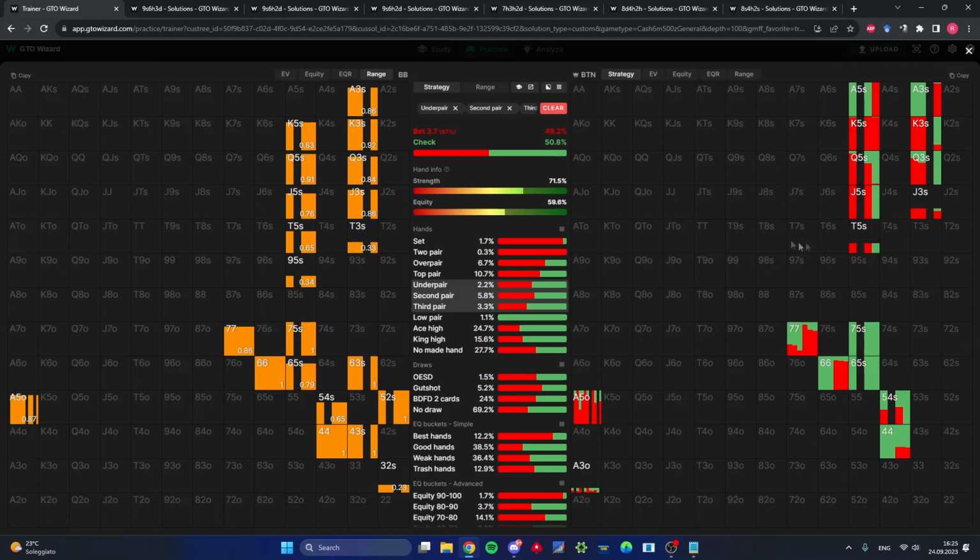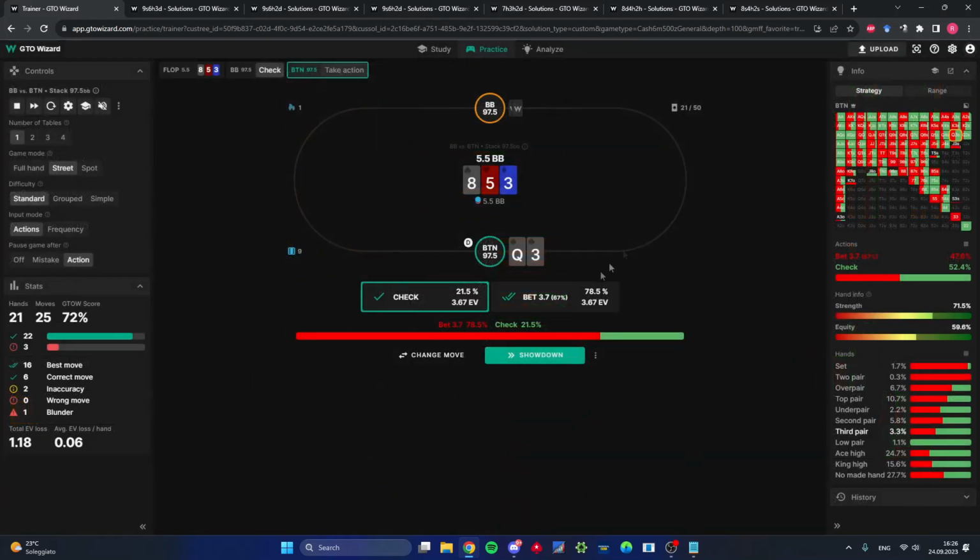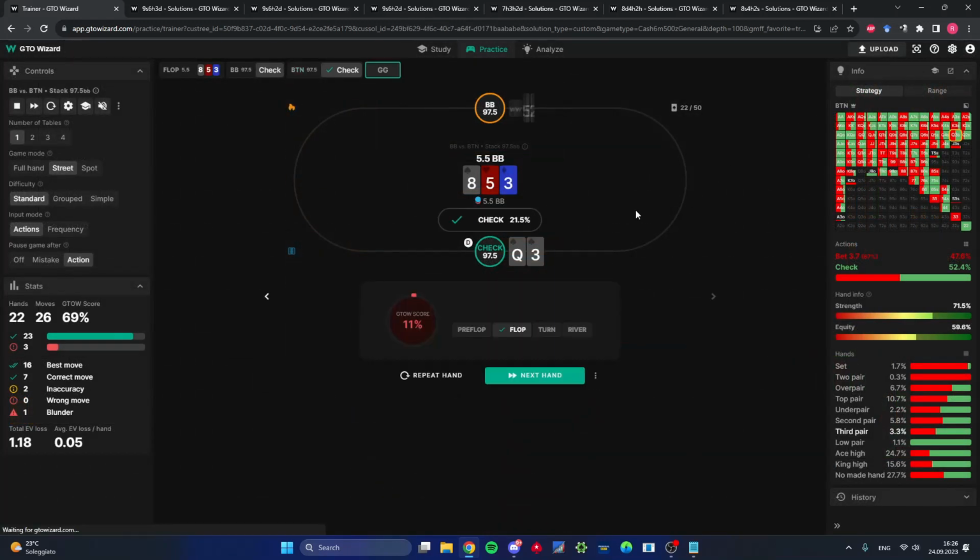I wouldn't read too much into why king 3 is that much more than 7-5 or whatever. I think the key takeaway here is to bet your second pairs, your under pairs, your third pairs, even if you go for this bigger sizing. We just get a lot of beneficial fold equity and value even with those hands.